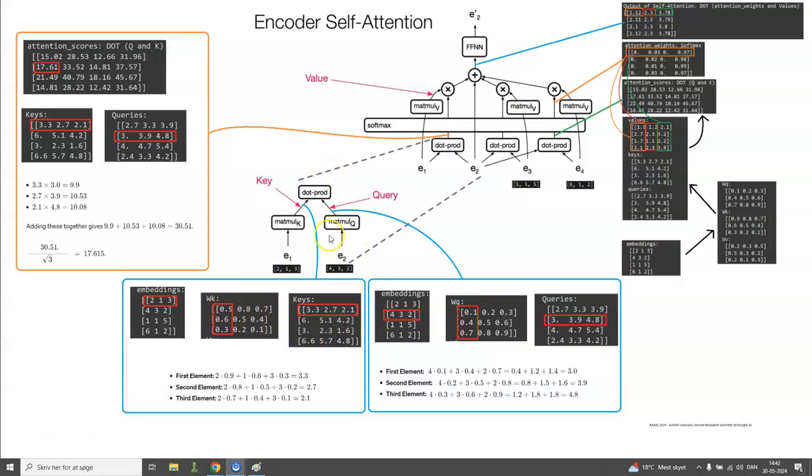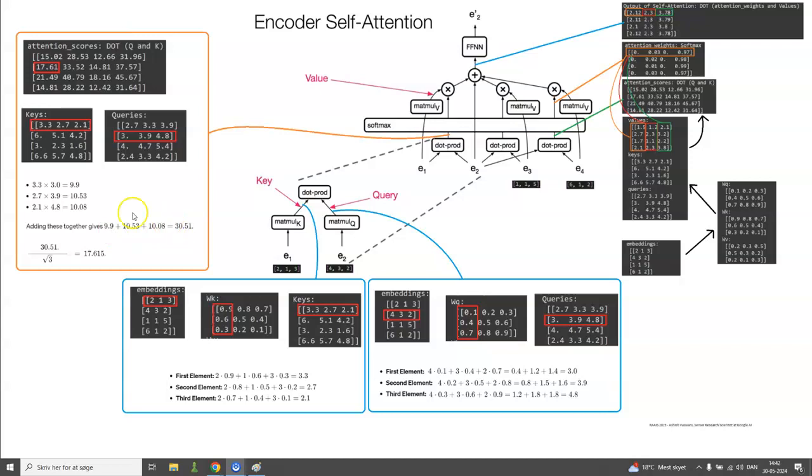And then we do exactly the same with the query. 432, the query here gives us 3, and then we move here, we get 3.9, and then last we move here, 4.9. So now we dot this together, this one with this one. So it says 3.3 times 3 gives 9.9, 2.7 times 3.9 gives 10.5, and 2.1 times 4.8 gives us 10.